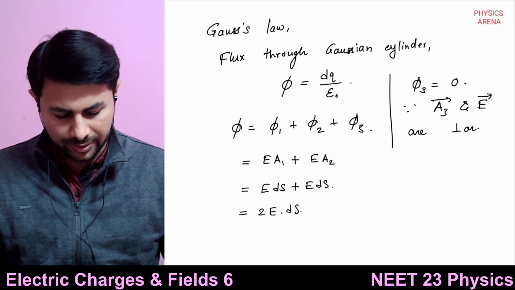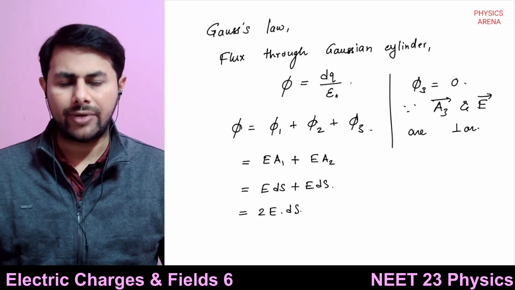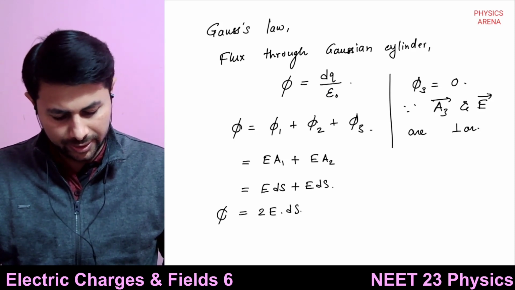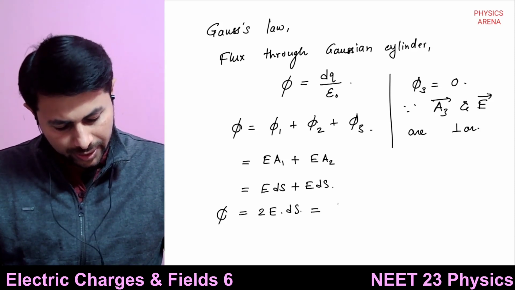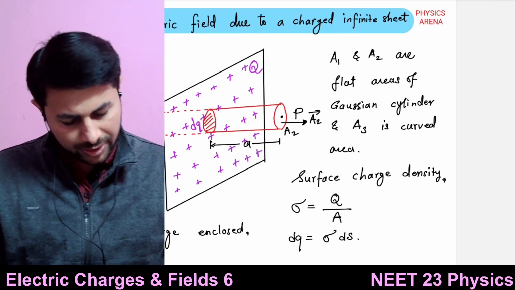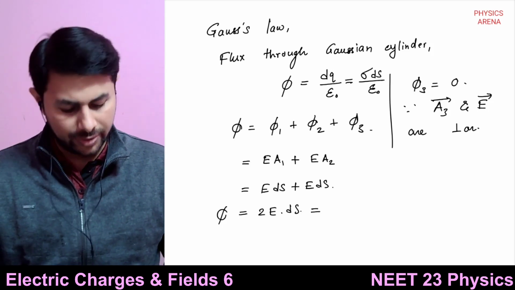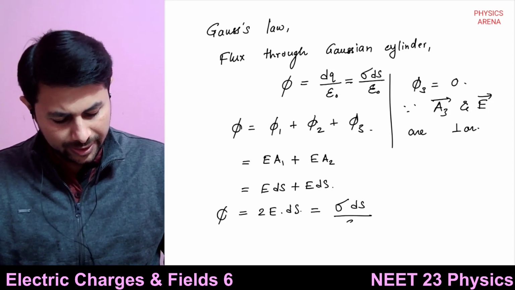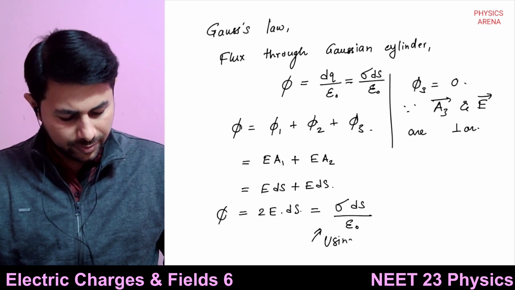That's the flux, and using Gauss's law it is equal to dq divided by epsilon naught. And dq is equal to sigma times ds, so it is sigma multiplied by ds divided by epsilon naught, using Gauss's law.